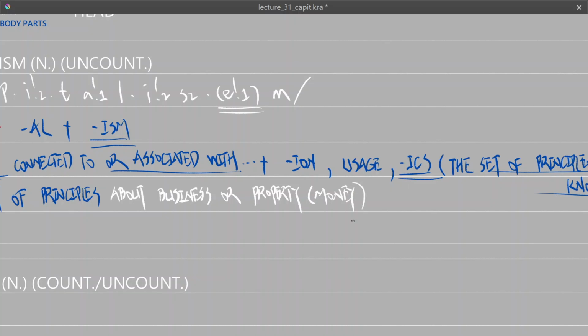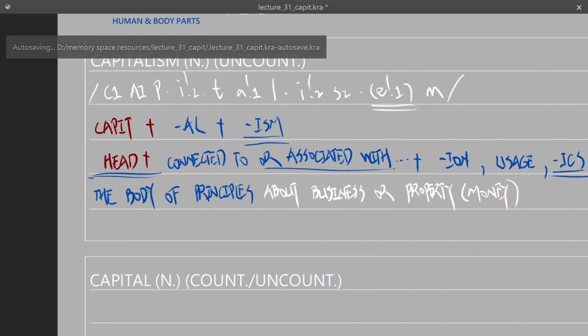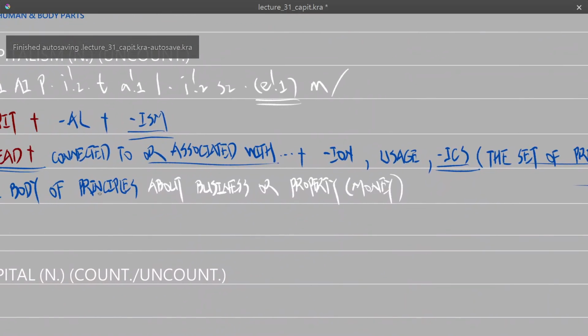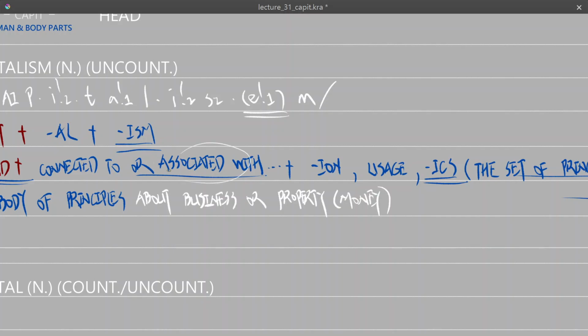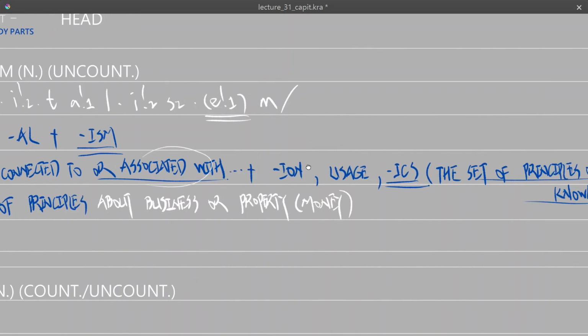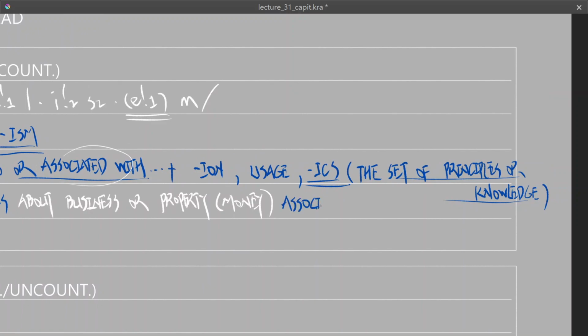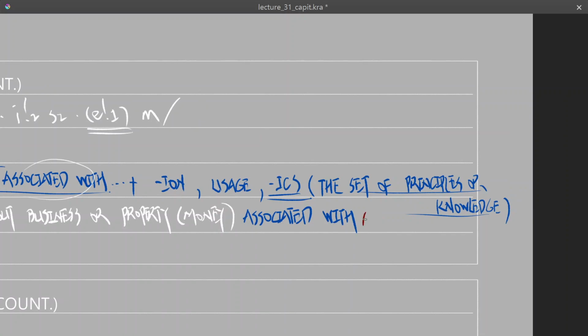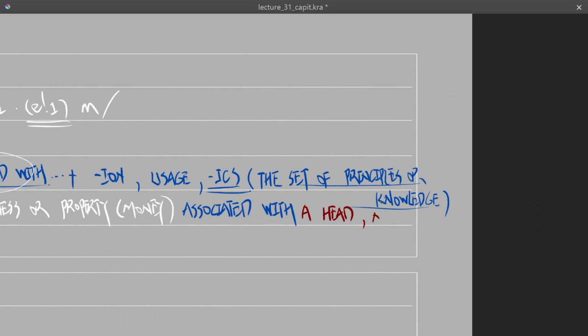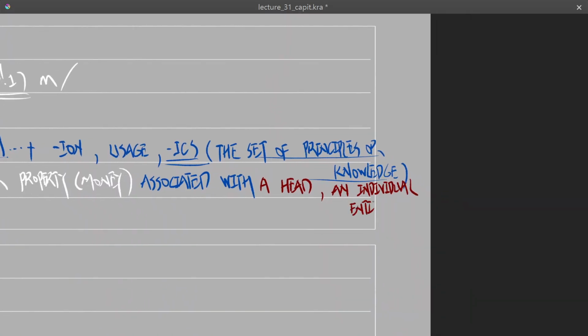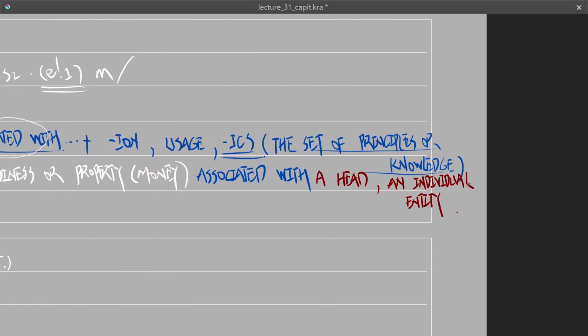Notice you could think of it as money. So the body of principles about business or property or money associated with what? Associated with a head. That is an individual entity, or an individual person.